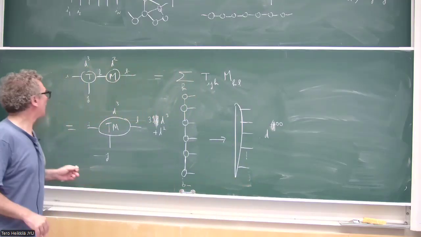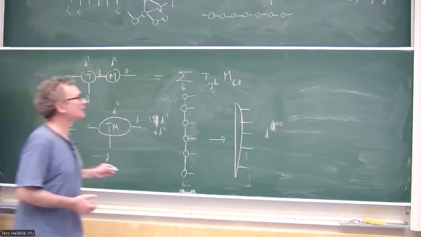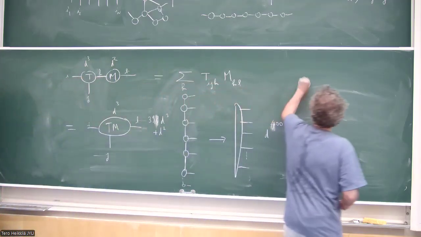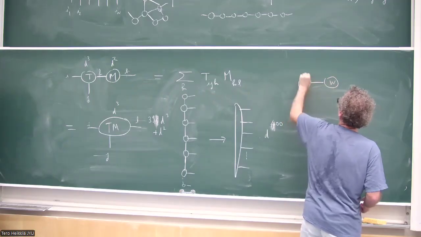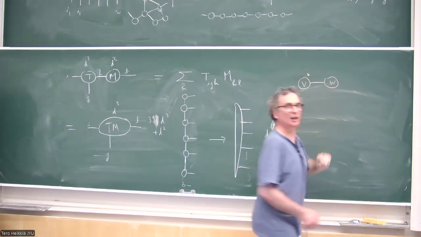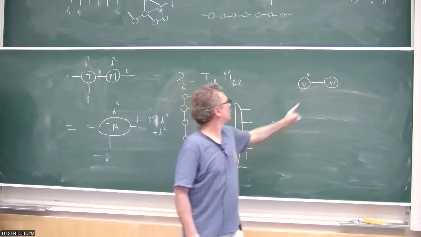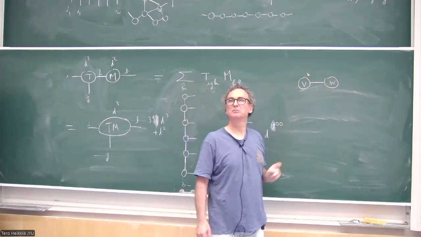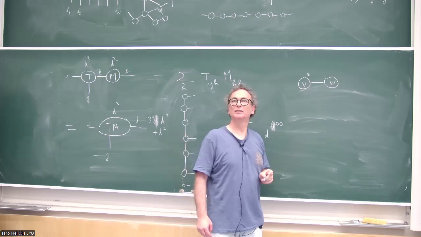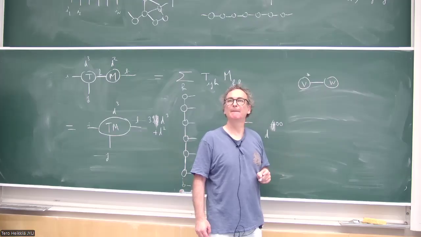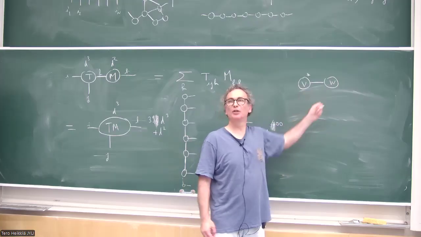Okay. Couple of examples. If I put a star here, it means complex conjugate. So what is this in terms of plain language? Any idea? Yeah, that's a scalar product between V and W, between two vectors.